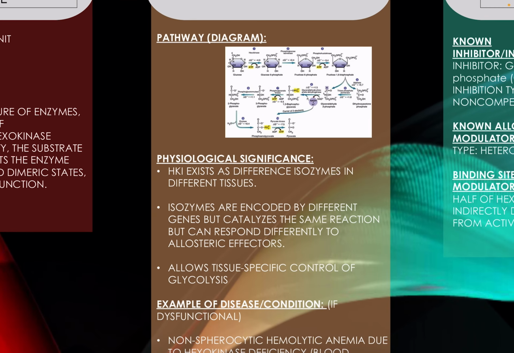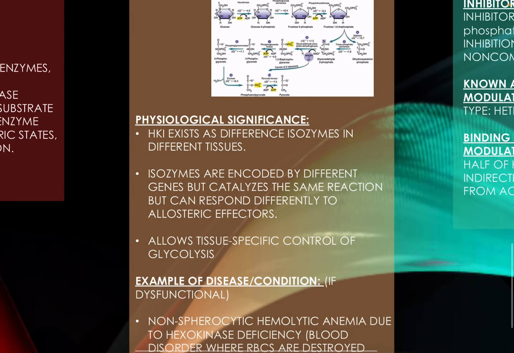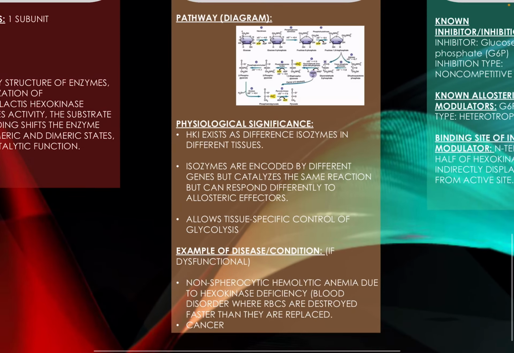As mentioned previously, it takes glucose to glucose 6-phosphate, and its physiological significance is that hexokinase exists as different isozymes in different tissues. Isozymes are encoded by different genes but catalyze the same reaction, and can also respond differently to allosteric effectors. This allows tissue-specific control of glycolysis.